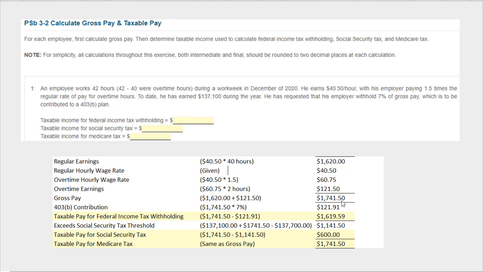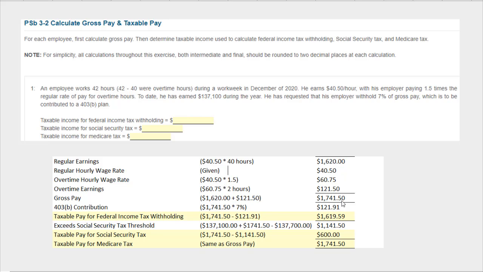Now, in this chapter, we need to see how much of this gross pay is taxable, and we call that taxable pay or taxable income. Some of the items that are deducted from this gross pay may be taxable or may not be taxable.